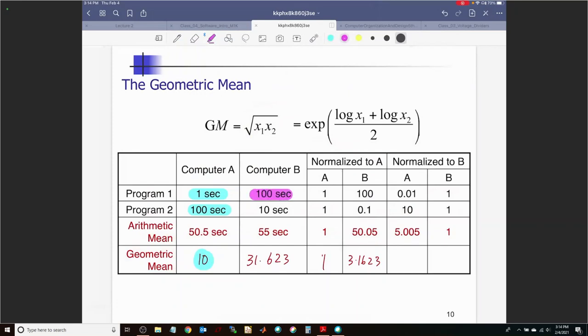I'm using that and that to get that. You guys get the idea now. All right, next, what do I have next? 10 times 0.01, so that would be 0.1, square root of 0.1, 0.31623, and the last one is 1.